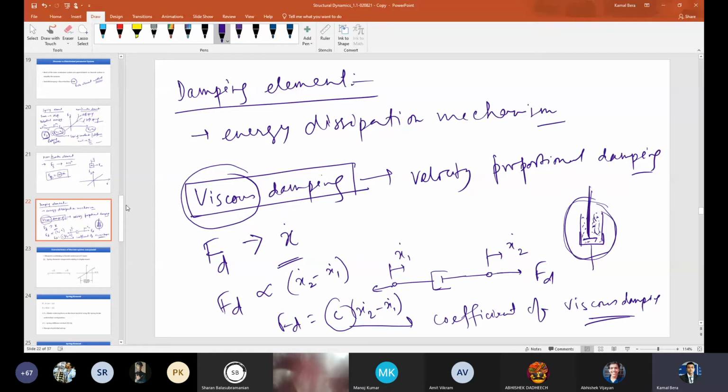Again I can plot this: x2 dot minus x1 dot against FD. This represents the damping force related to the velocity, and it resists the increase in the relative velocity. That's why the term damping is related to this. Now tell me, what is the unit of c?